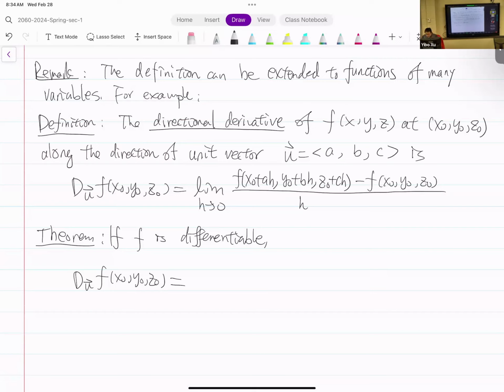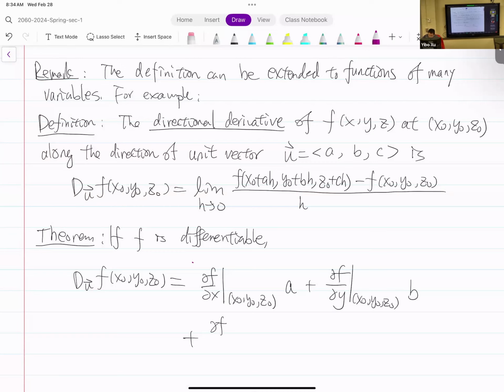So in the previous parts, we are doing f sub x, and f sub y, right? So now let's do the Leibniz notation. This del f del x evaluated at the point x0, y0, z0, multiplying a plus del f del y evaluated at the point times b, finally plus.